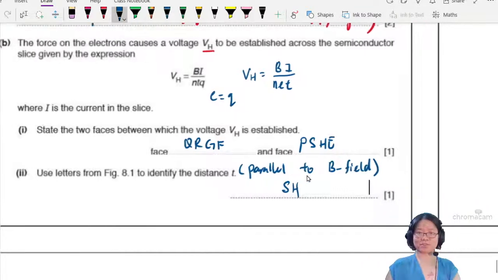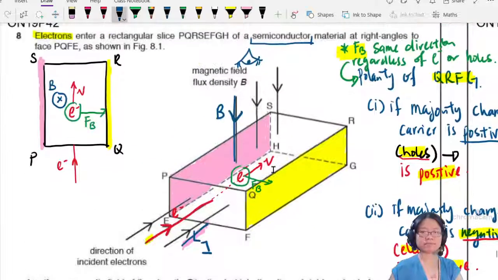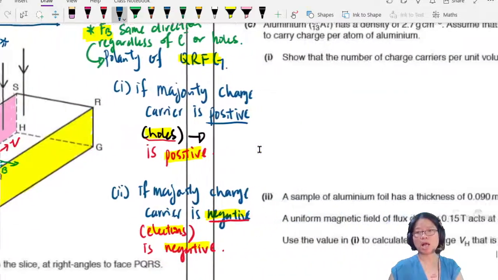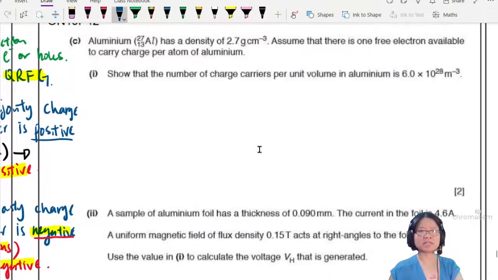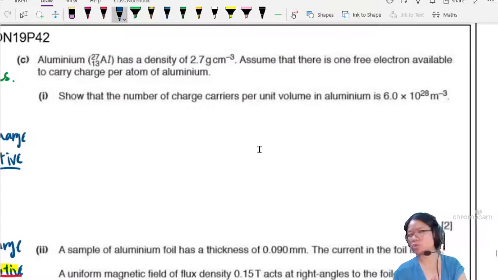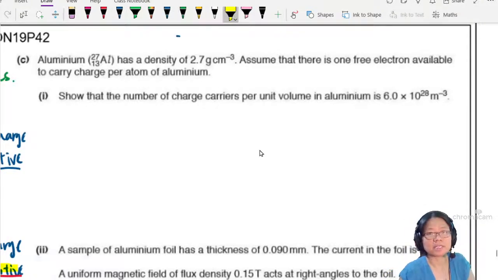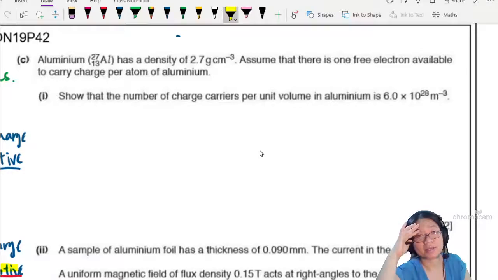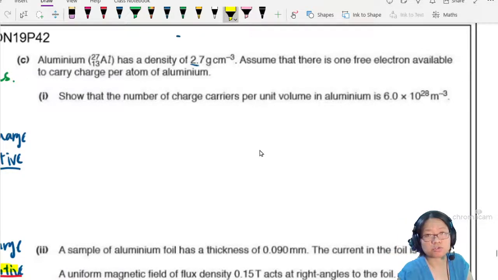All right. So moving on to the next question. In the next question, you are given this material called aluminium. So this part, we need to think a little bit about the mole concept. This aluminium has a density of 2.7 gram cm negative 3. So this is density.